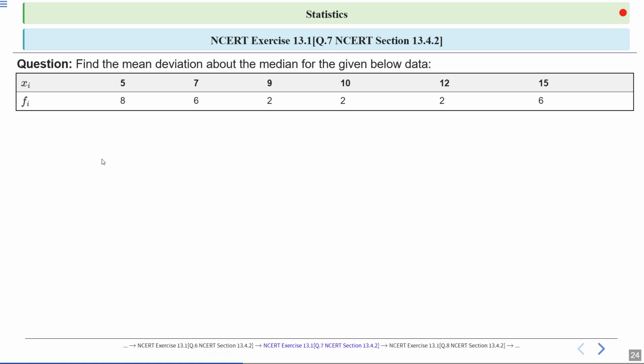The second row shows the values of fi, the frequency of the corresponding data, and they are 8, 6, 2, 2, 2 and 6. So first of all, try it yourself. How would you approach this question?